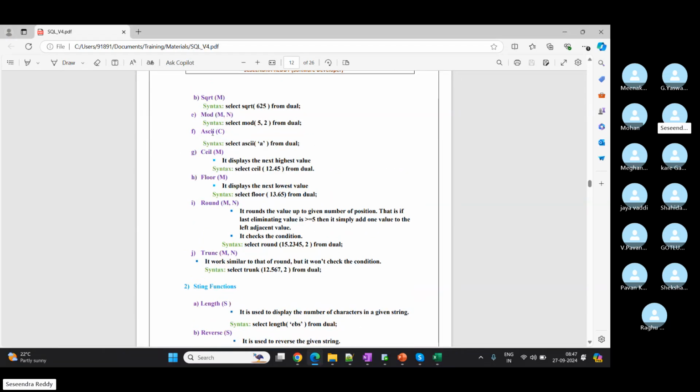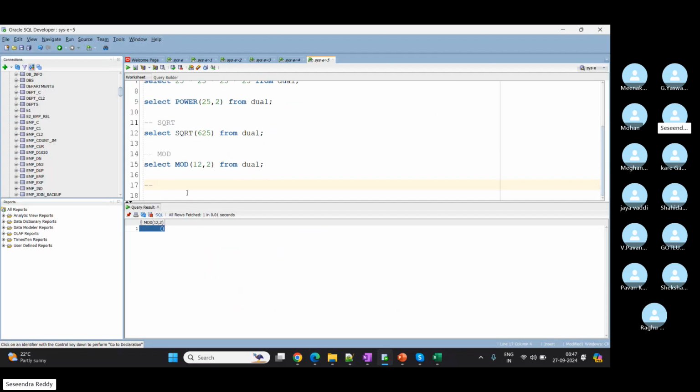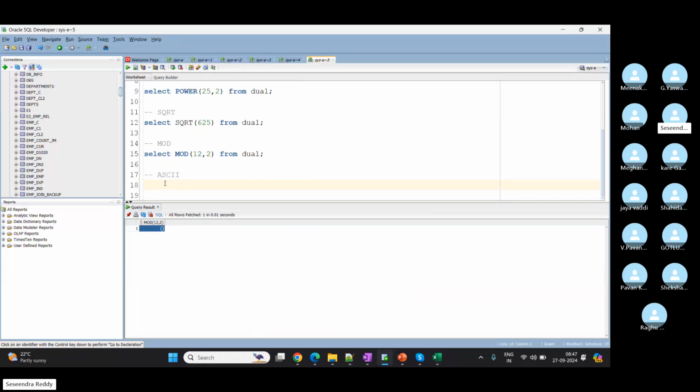And then ASCII. It is not that much used, but let's see. Every alphabet has an ASCII number, but 100% we don't use it in SQL, though we'll see some ASCII numbers. ASCII has a full form, something like American Standard Code for Information Interchange, I don't remember exactly, but still we see.